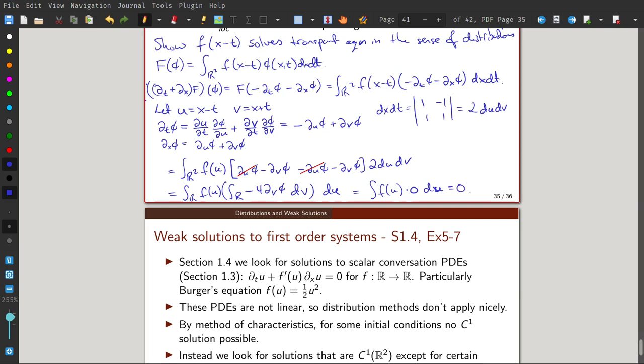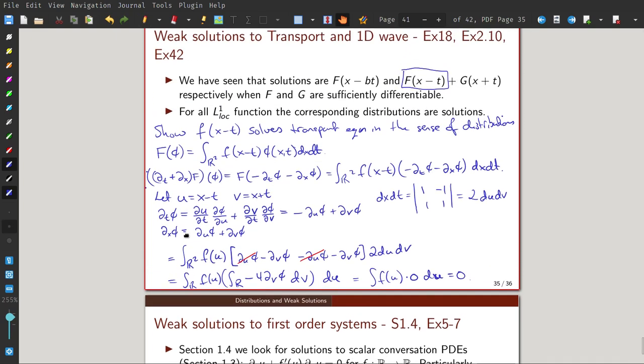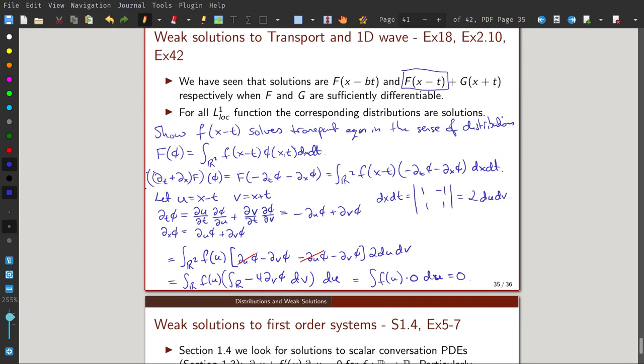So what do we conclude from this calculation? We conclude that this distribution here, acting on any test function, gives 0, and therefore this is the 0 distribution. In other words, F solves the transport equation in the sense of distributions.